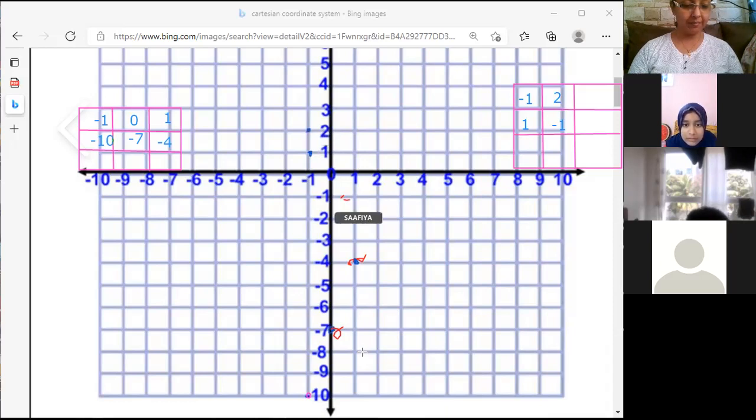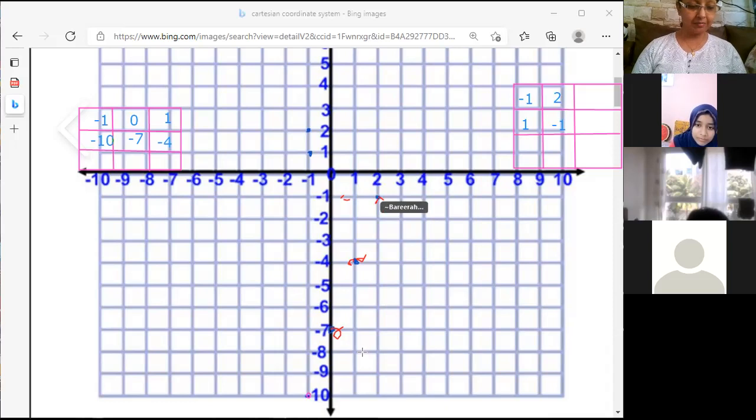No, it's not there. Positive 2 and -1 will be here. Yes. Now just draw the lines connecting both the points. Are you able to do it? Connect the other line also.